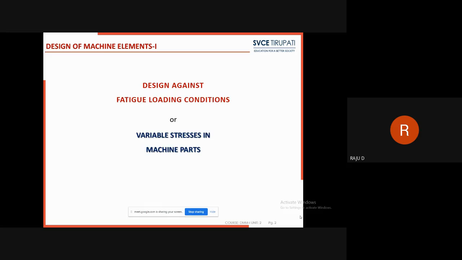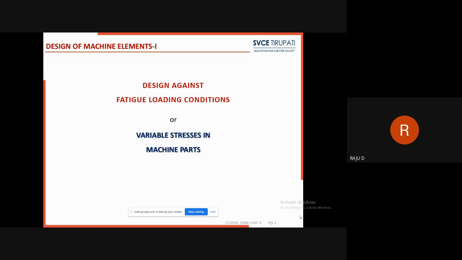But here in our design of machine members, we will completely discuss fatigue loading, or varying load, or cyclic load. These have the same meaning, but fatigue means that with respect to time we keep on varying or repeatedly applying a load on a mating component, for example a shaft, gear, clutch plate, or any moving component.